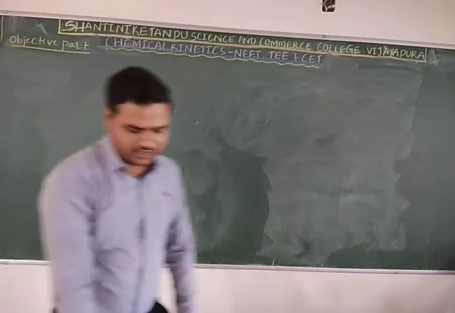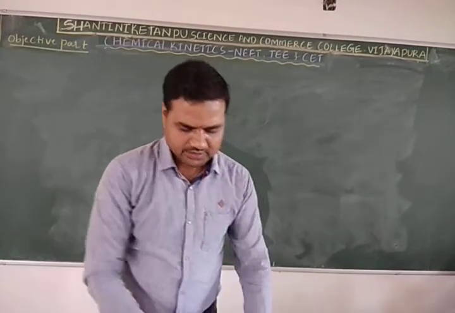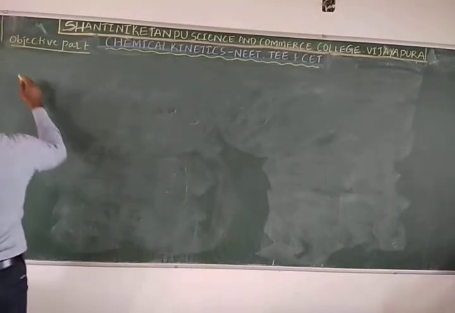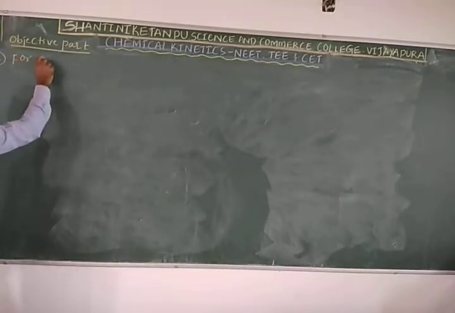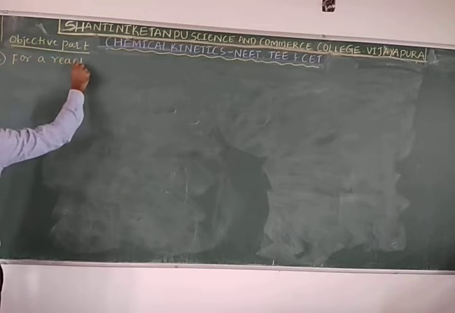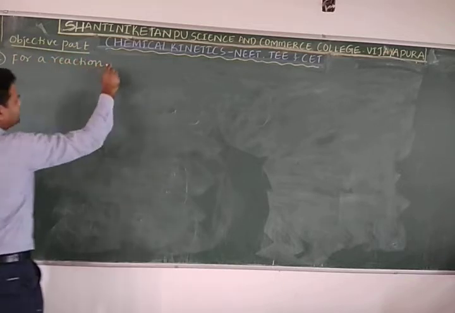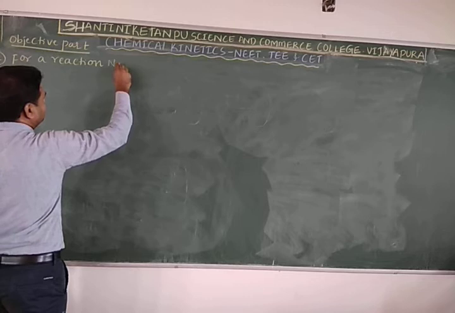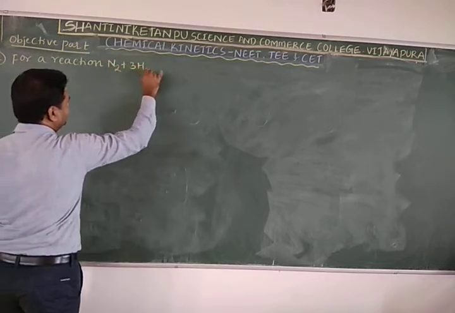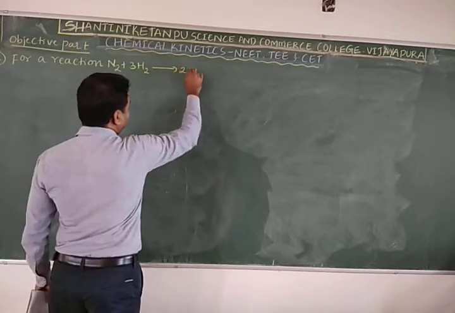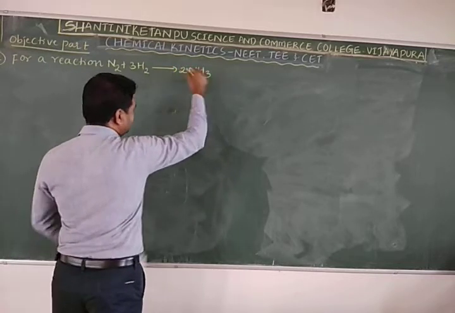Okay, let us start here one more numerical. The question is given as, for a reaction N2 nitrogen plus 3 moles of hydrogen gives rise to 2 moles of ammonia.